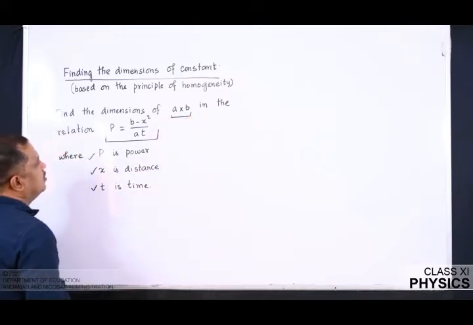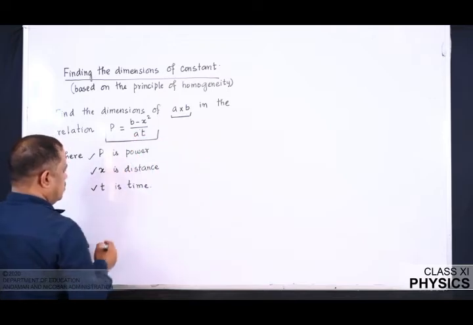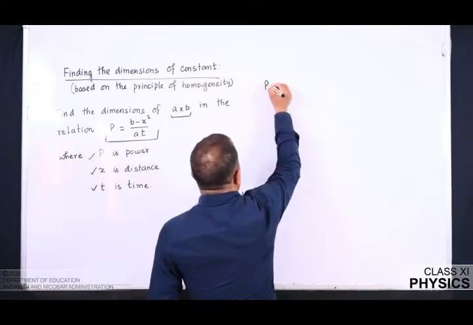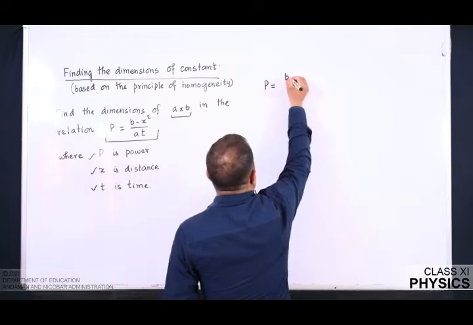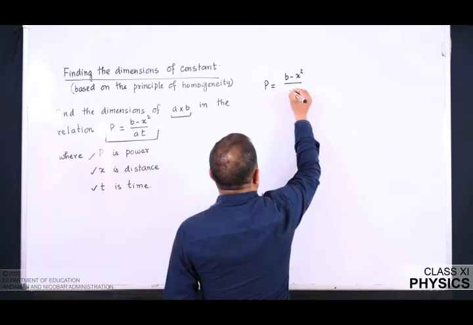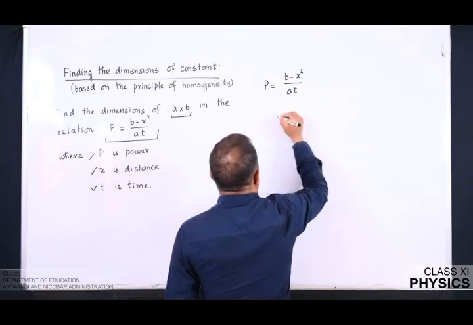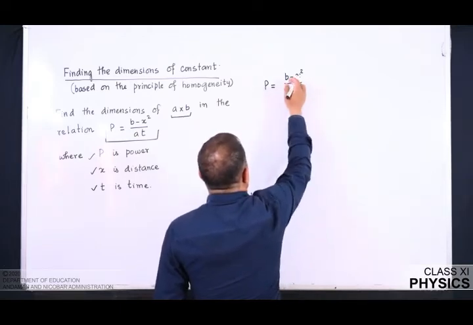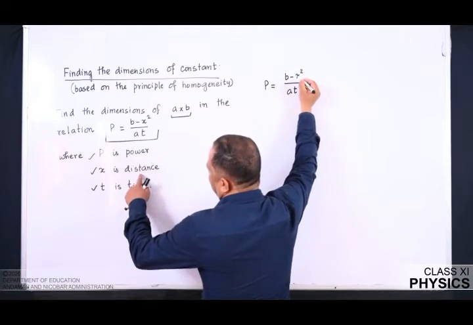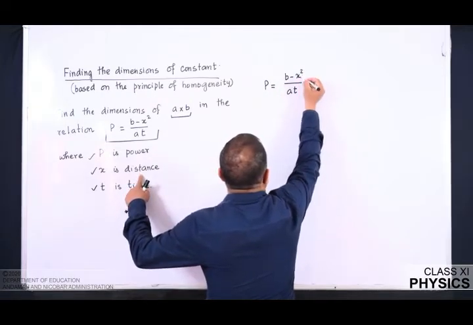So, how is it possible? Now, when I see the given relation, P is equal to (B minus x square) over A times t. In the numerator, the physical quantity x is distance, so x square is the square of distance.